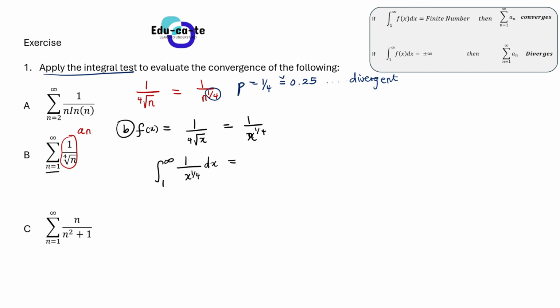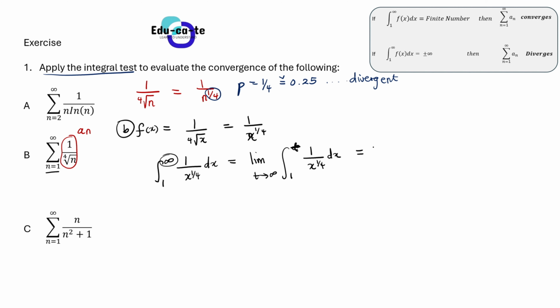Now here, for the integral whose upper bound is infinity, you expand it by using the limit as t approaches infinity of the integral from 1 to t of 1 over x to the power of 1 over 4 dx. There's a t on top, not infinity. Evaluating this is simpler because the integral of x to the power 1 over 4 can be determined.